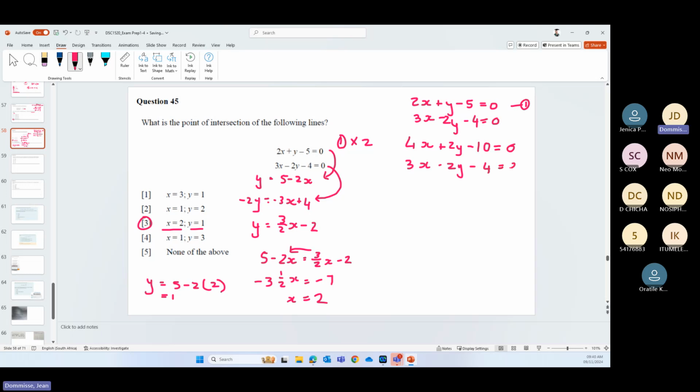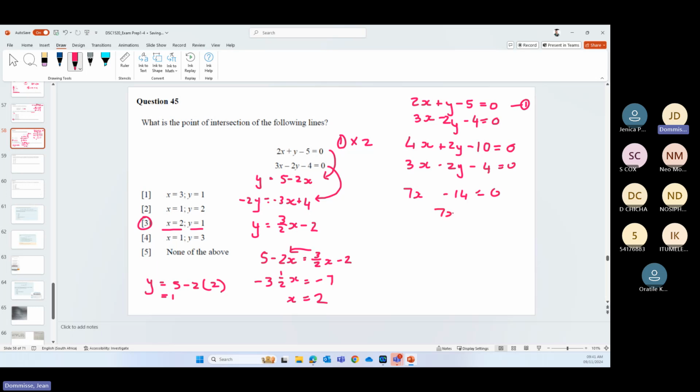And then I say, oh, well, cool, that plus that. So 4x + 3x is 7x. 2y - 2y is 0. -10 + -4 is -14. That's equal to 0.